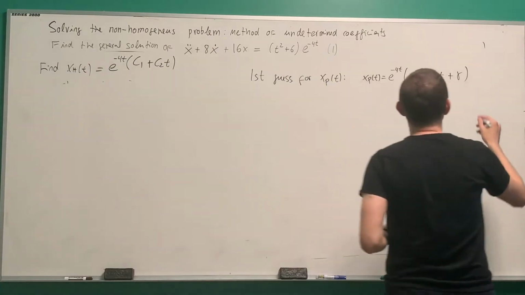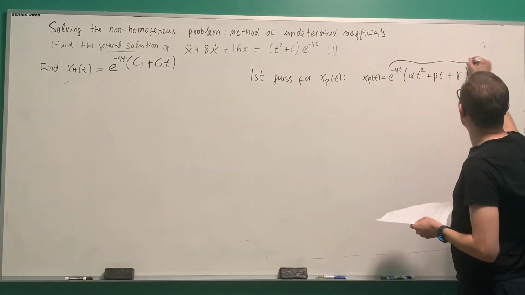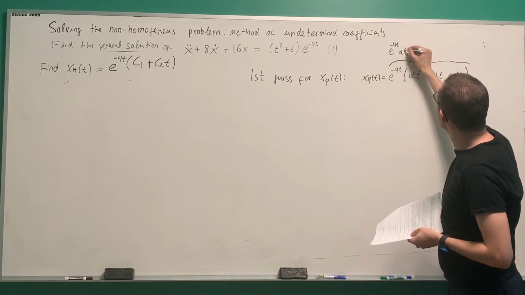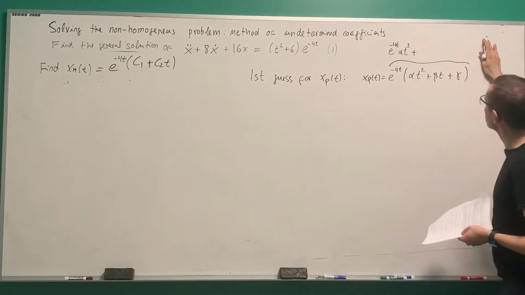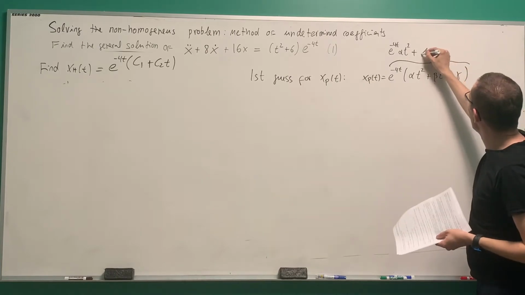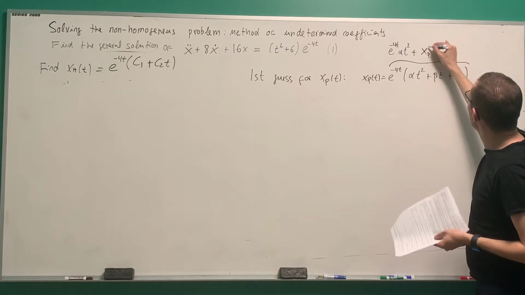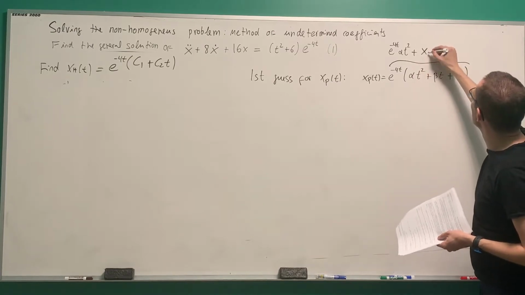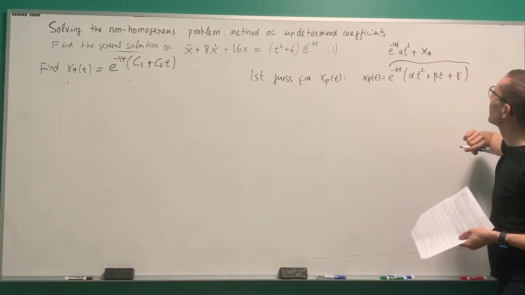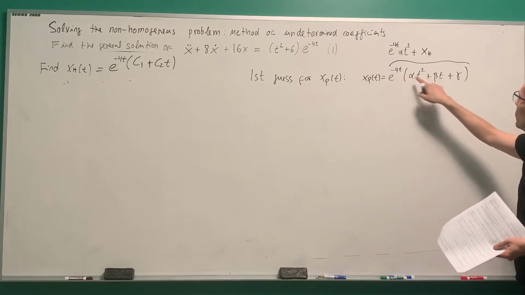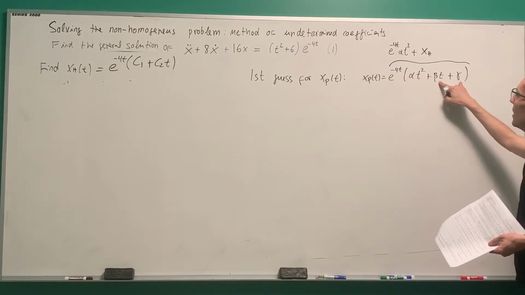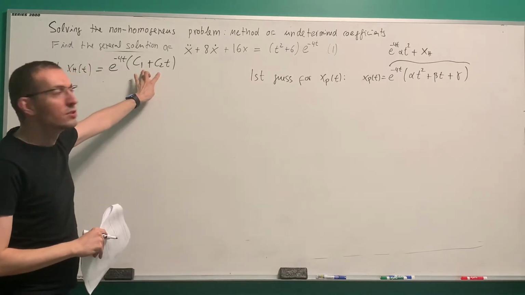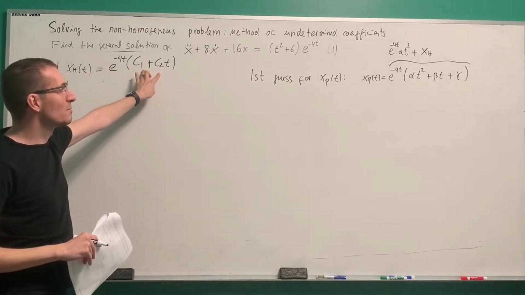If you see this thing, it's equal to e to the minus 4t alpha t squared plus, let's call it xp prime or something, or maybe if you want xh, one particular case of xh, right? e to the minus 4t times (beta t plus gamma) is actually overlapping with the two solutions of the homogeneous problem.